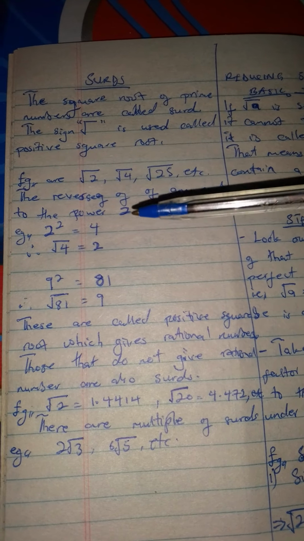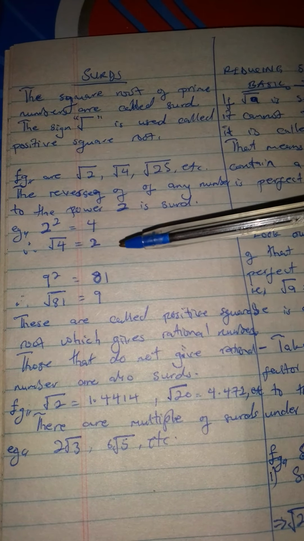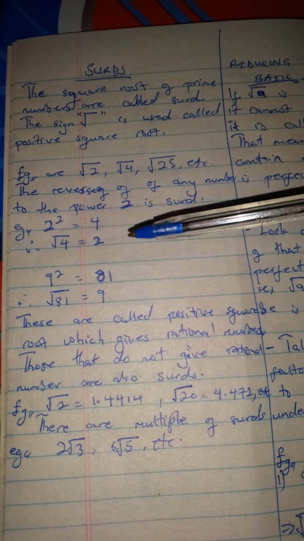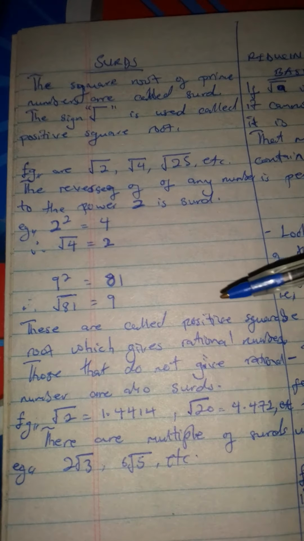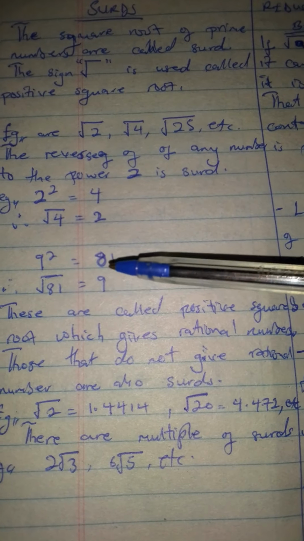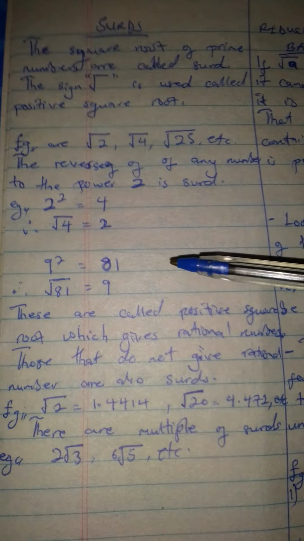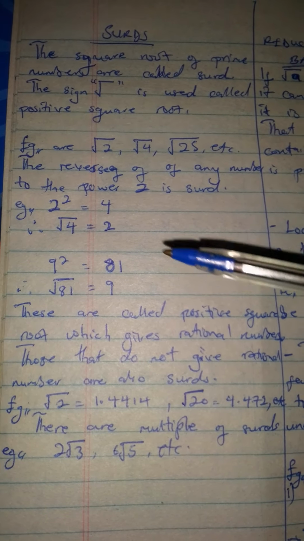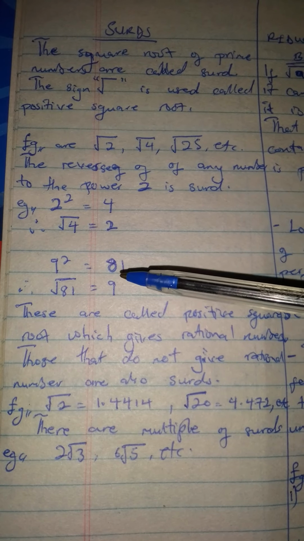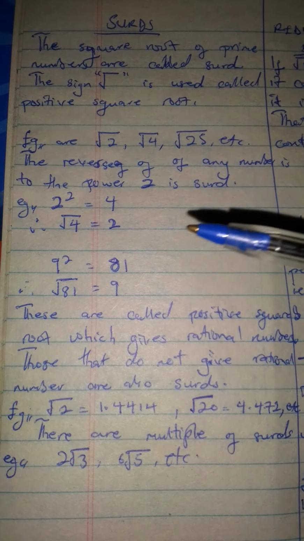Therefore, 4 under the radical sign is equal to 2. And also 9 raised to the power 2 is 81, which means 81 under the radical sign is equal to 9. That's the reverse.